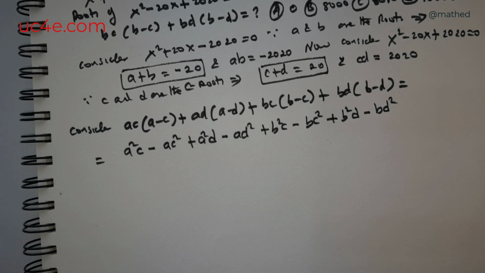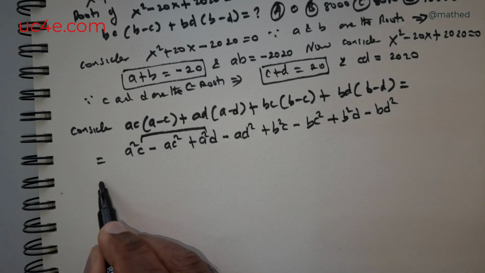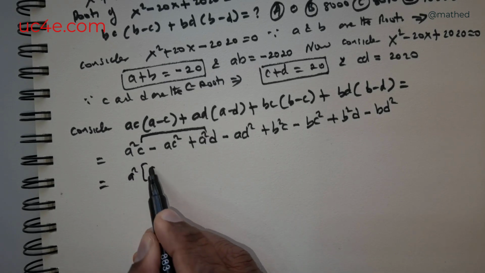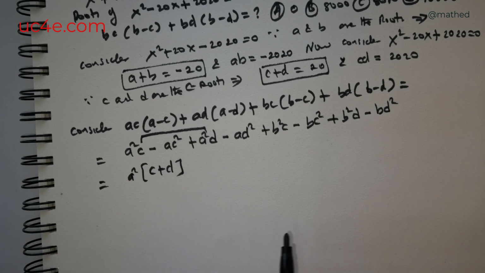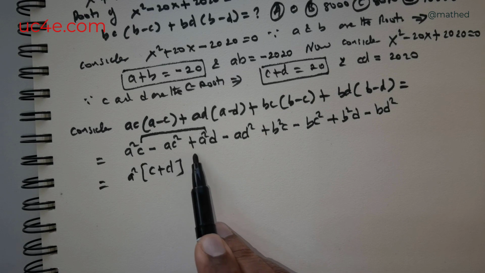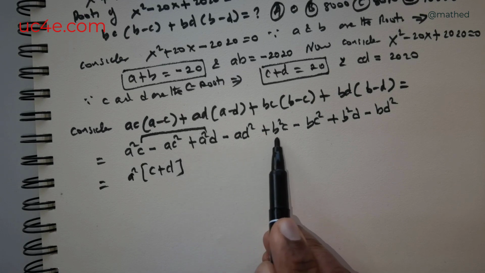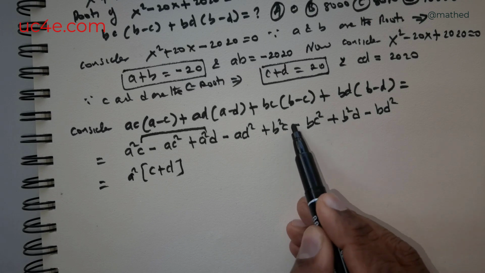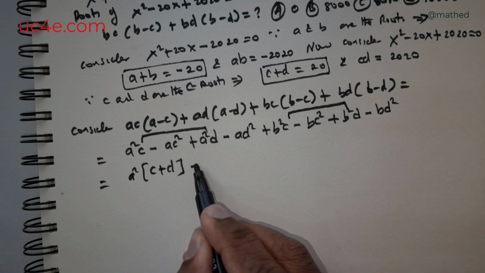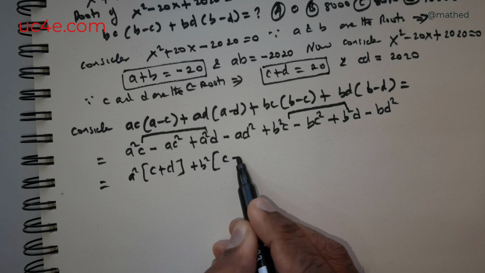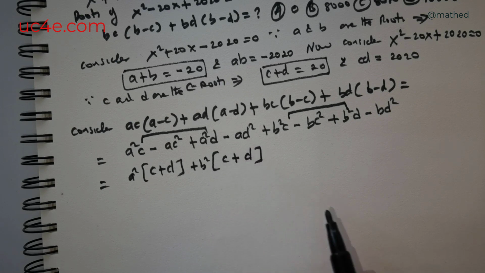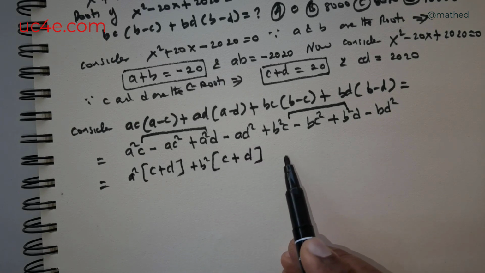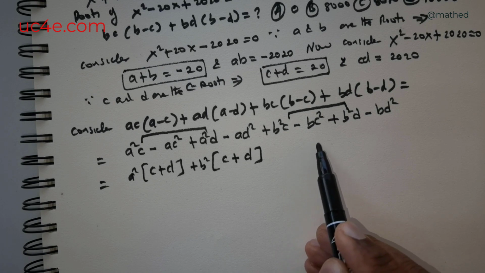Now what I wish to do is club this with this, and I would get A squared (C + D), that's fine. And then I have a B squared here; if I club these two together, B squared is taken out, C and D would be there. What else?